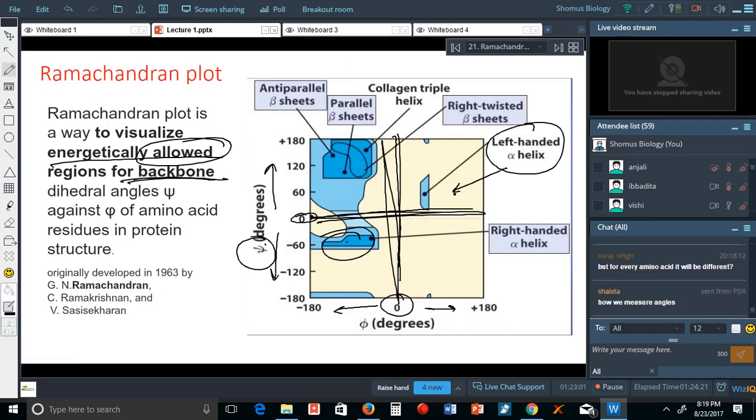So you need to remember where the left-handed alpha helix, right-handed alpha helix, and beta sheets are present, because they can ask you questions giving you the phi and psi angles, and ask you to predict the type of structure that the amino acid primary sequence can form.